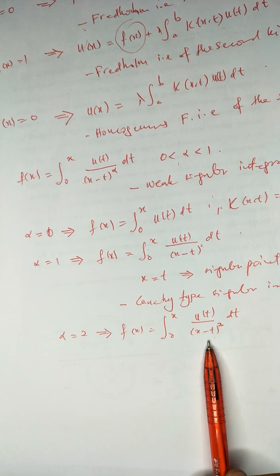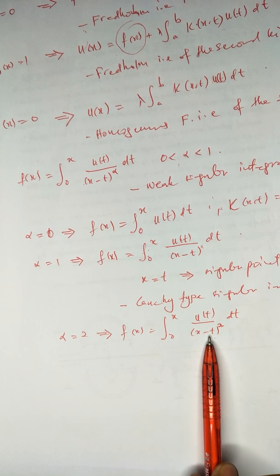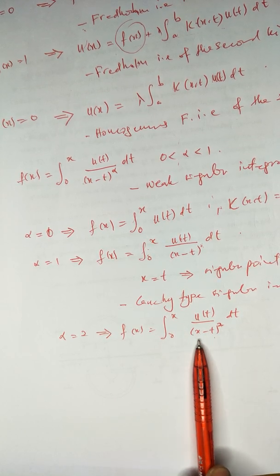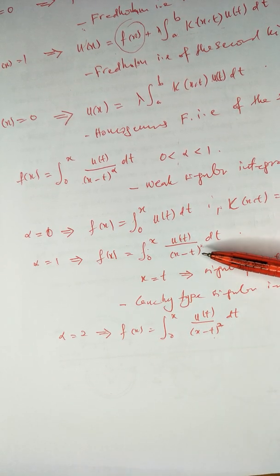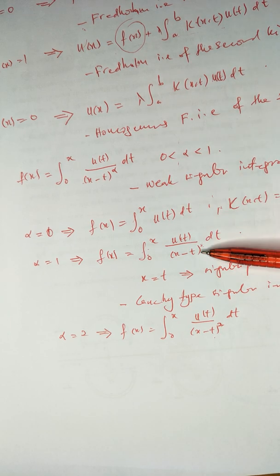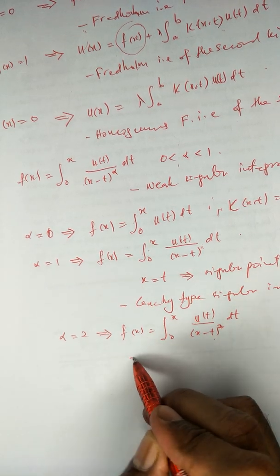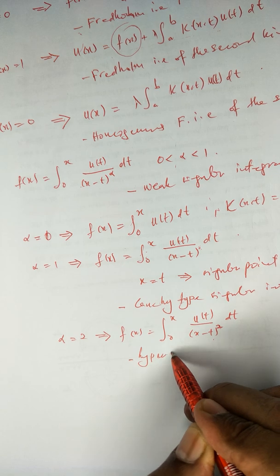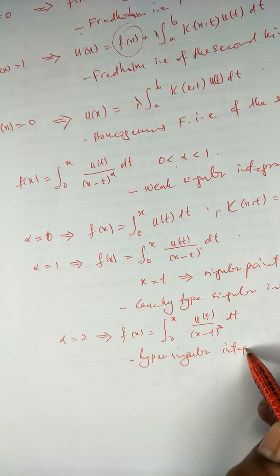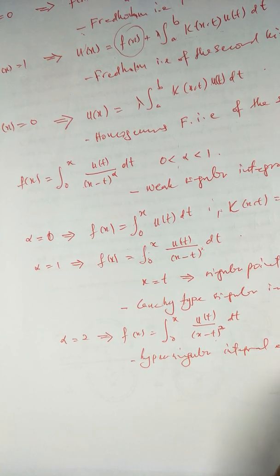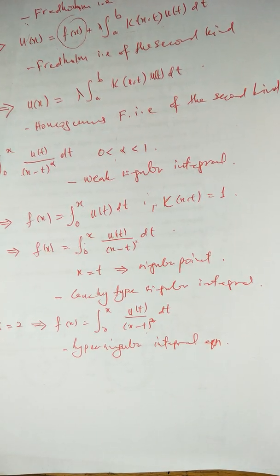As you can see here, as x approaches t, the denominator approaches 0 much faster than this one, and also much faster than that one. So in this case, we call it a hypersingular integral equation. Okay, so that's very specific.